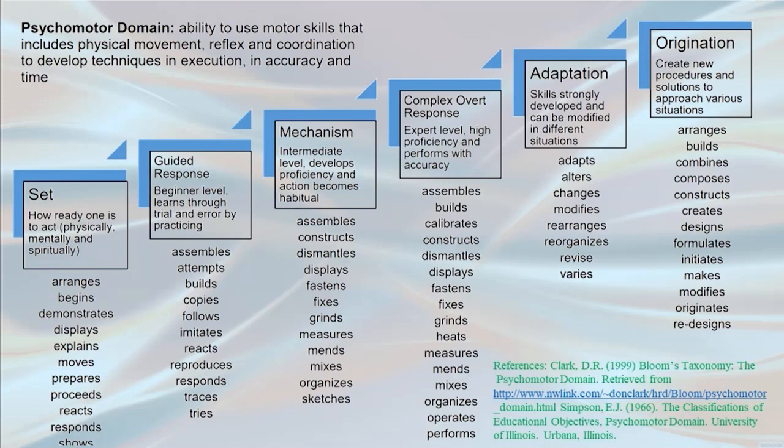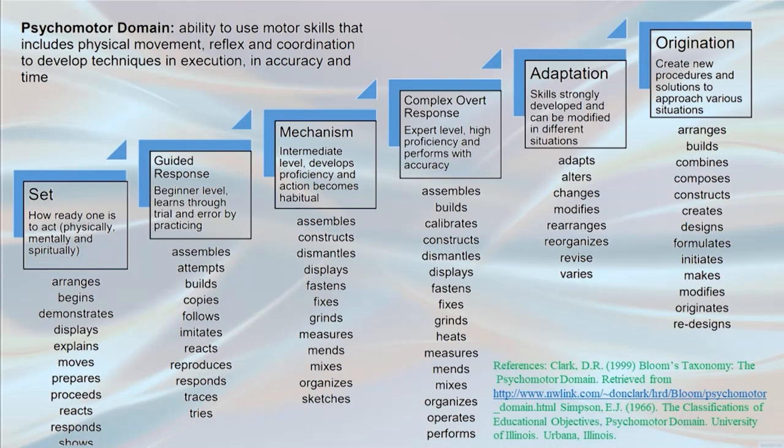The next level is mechanism, which is kind of intermediate level, and the learner develops proficiency and action becomes kind of habitual. For example, cognitive rehearsal of a physical task or performing gross motor movements.